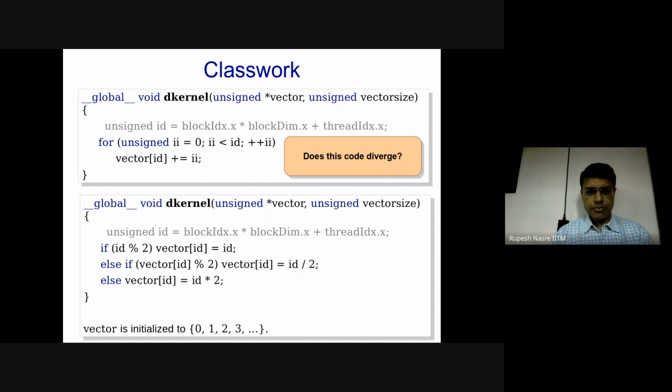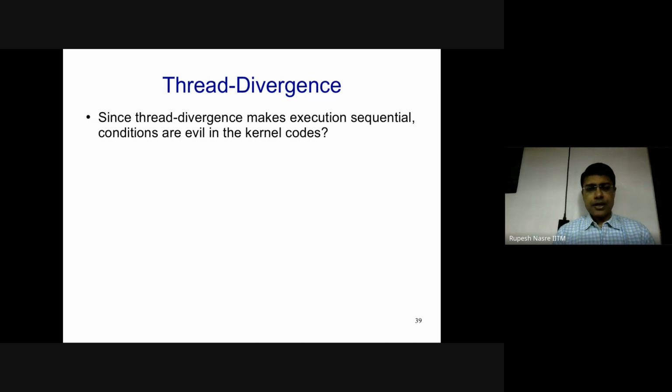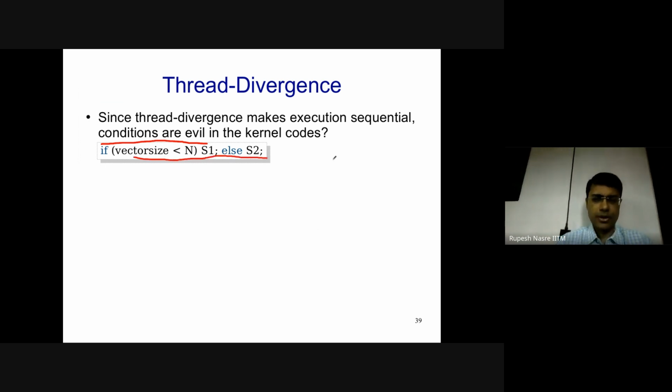Right? I'll skip this second example. So since thread divergence makes execution sequential, conditions are considered to be evil in kernel code. That is not totally true. That's not a precise statement. For example, if I say if vector size less than n, then execute s1 else s2. Yes, there is divergence, but that's not really going to affect us because my problem size itself is n.